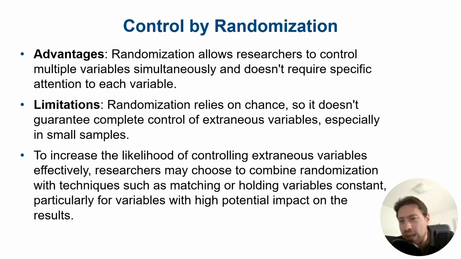So given these problems, there's nothing stopping you from combining different approaches. Some people will combine randomization with some degree of control. So if there's one particular variable that you know will be a confound, that variable can be matched or held constant, while the other variables can be randomized and left up to chance.